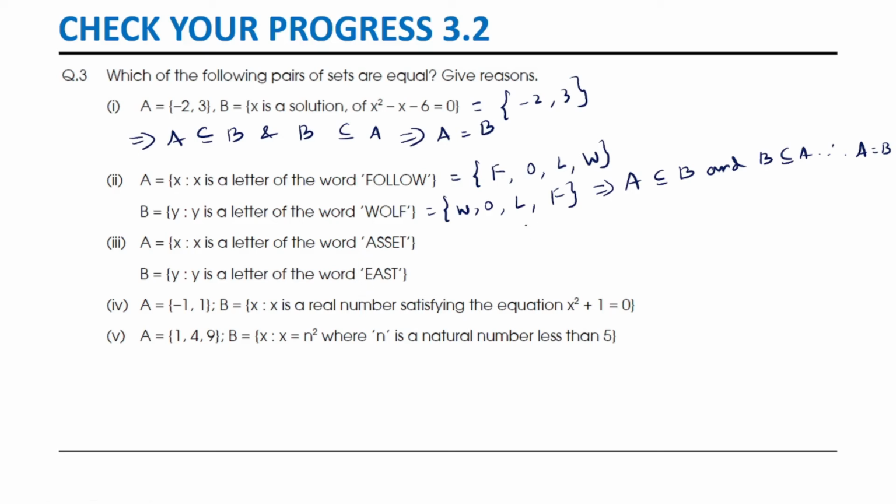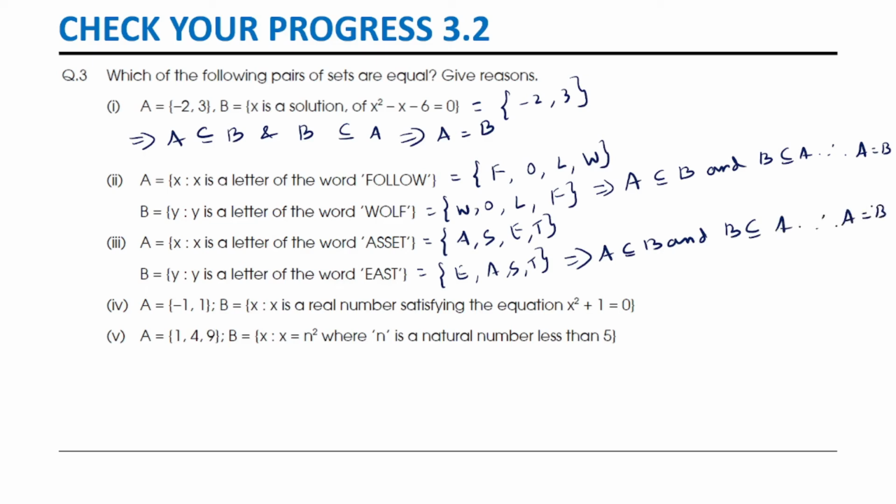So here the set A in the roster form consists of the elements A, S, E and T. And the set B consists of the elements E, A, S and T. So from these two sets we can see that every element of A is an element of B and every element of B is an element of A. So this implies A is a subset of B and B is a subset of A. Therefore, A equal to B.